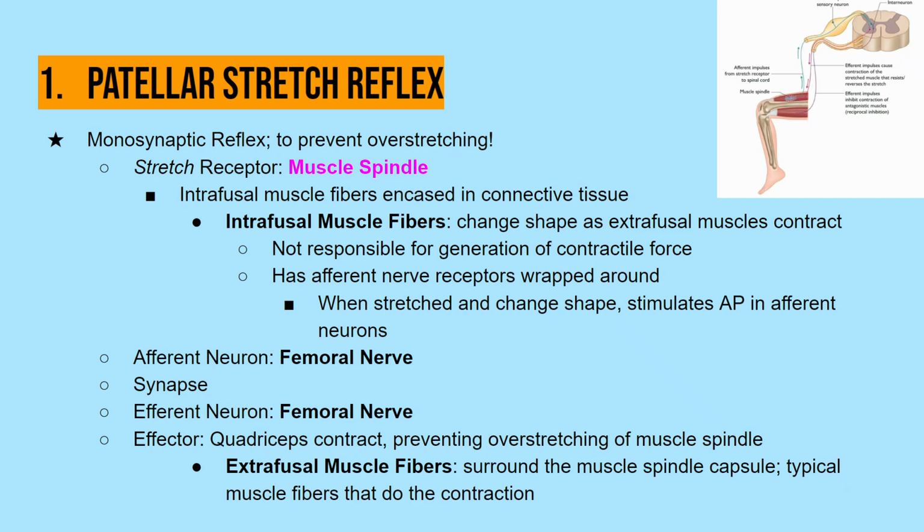Other things to note is that the afferent neuron is the femoral nerve, and then it synapses in the spinal cord, and then the efferent neuron is also the femoral nerve because it just initiates contraction in the muscle.